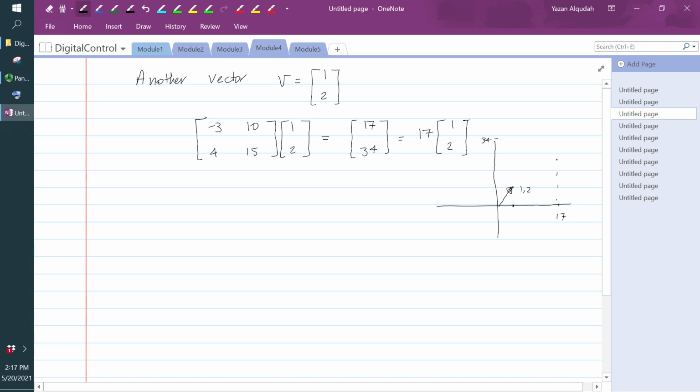If I were to plot this vector, I'm going to see that this vector is located along the same stretch as the original vector. This is 17 and 34.